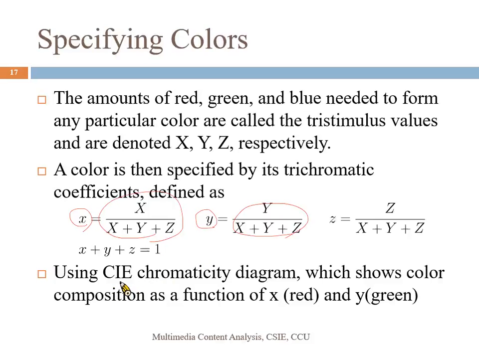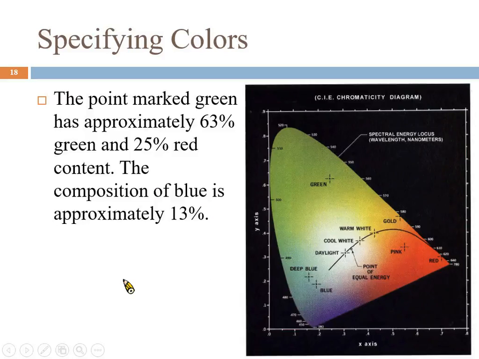And using the CIE chromaticity diagram, we can show the color composition as a function of x and y, because when we specify x and y, we have already specified z, because z is equal to 1 minus x minus y. Okay, and the CIE is an organization that specifies color specification.